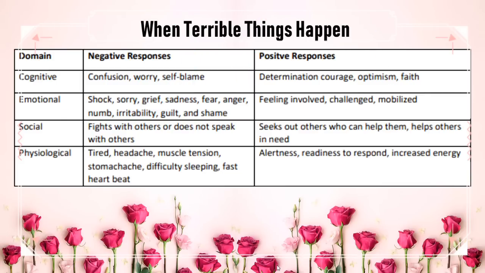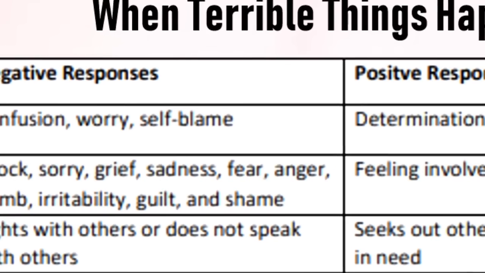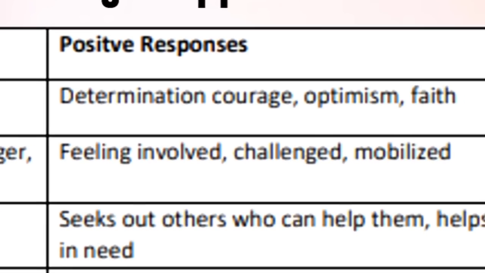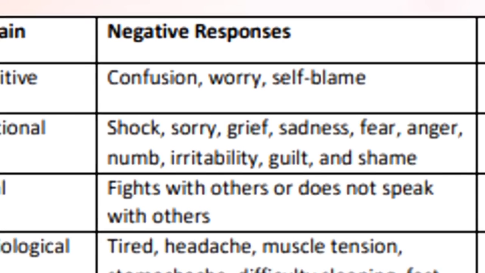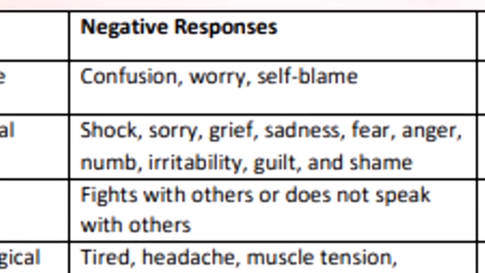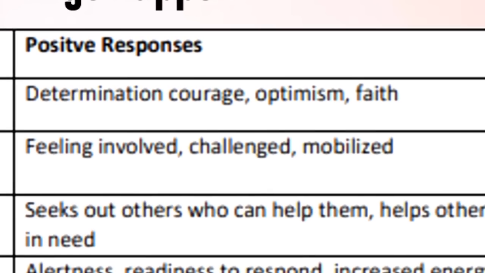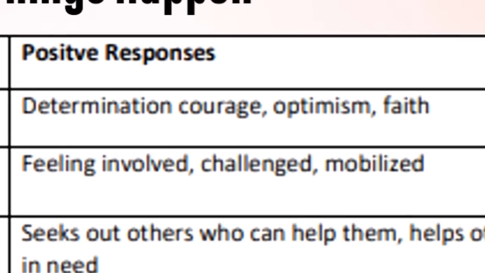Let's start with the cognitive negative response: confusion, worry, and self-blame. Positive response: determination, courage, optimism, and faith. For the emotional negative response: shock, sorrow, grief, sadness, fear, anger, numbness, irritability, guilt, and shame. For the positive response: feeling involved, challenged, and mobilized.